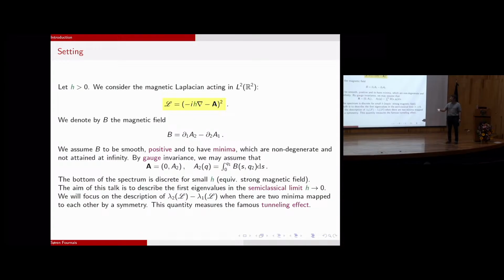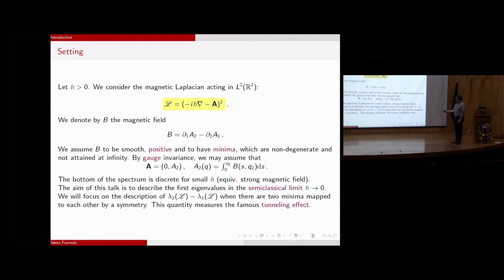And so if you have a magnetic field which looks a little bit like a double well, think of this drawing but in 2 dimensions, then the particle will want to concentrate at the bottom of one well or at the bottom of the other one. And there will be a potential barrier coming from the magnetic field that it has to climb to go from one to the other. Okay, good.